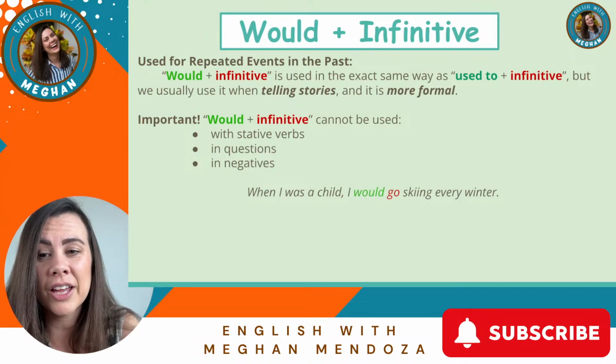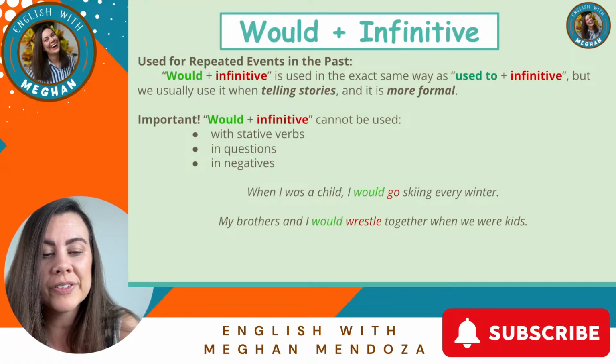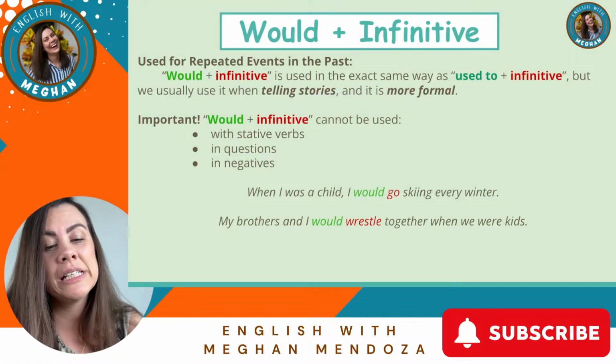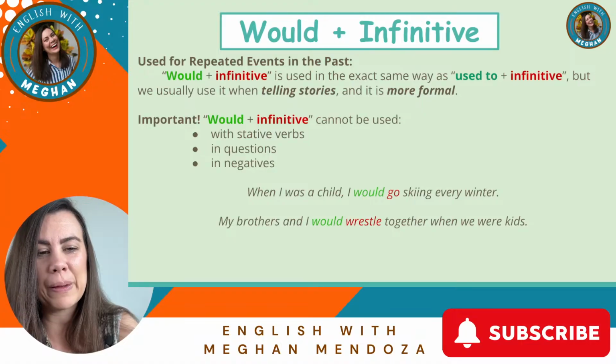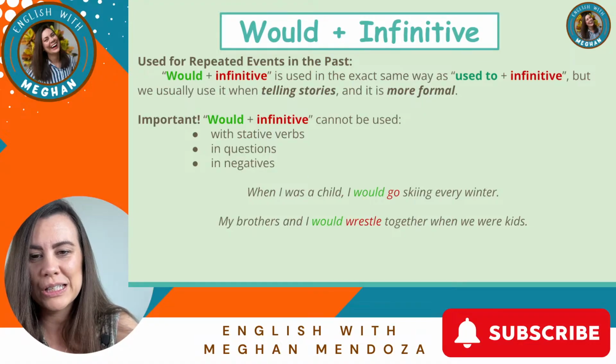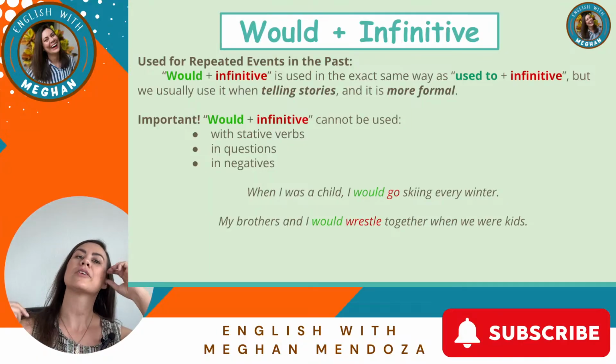After that, we have our next example. My brothers and I would wrestle together when we were kids. Be careful of that word there, wrestle. The spelling is strange, the pronunciation is strange. Wrestle. My brothers and I would wrestle together.